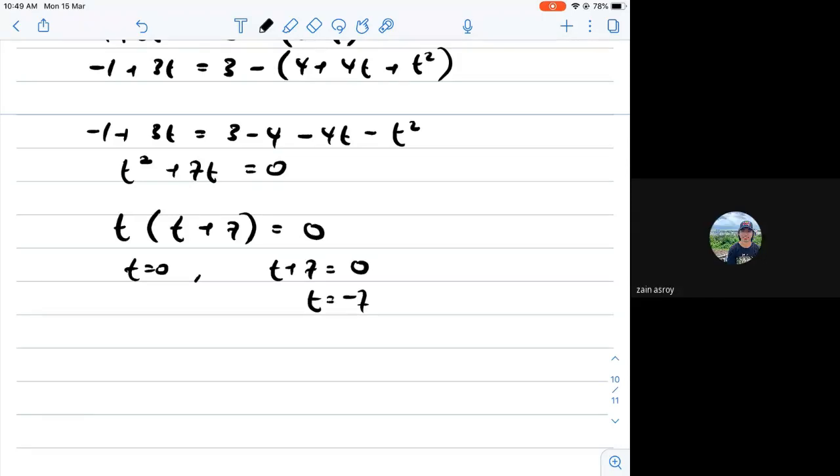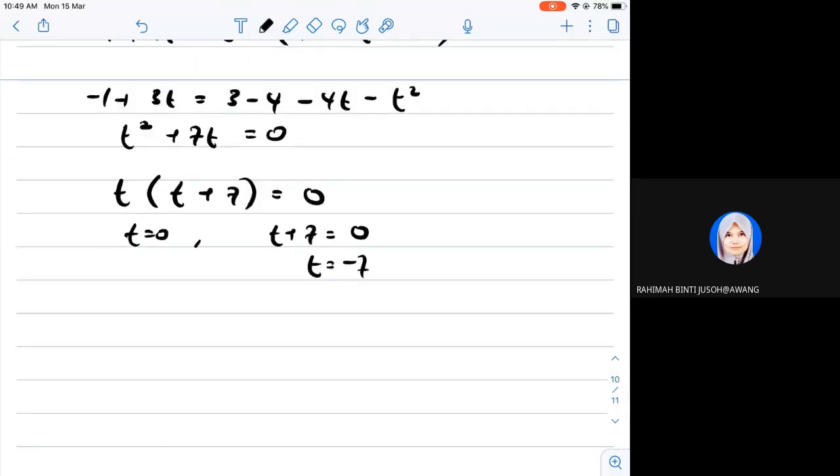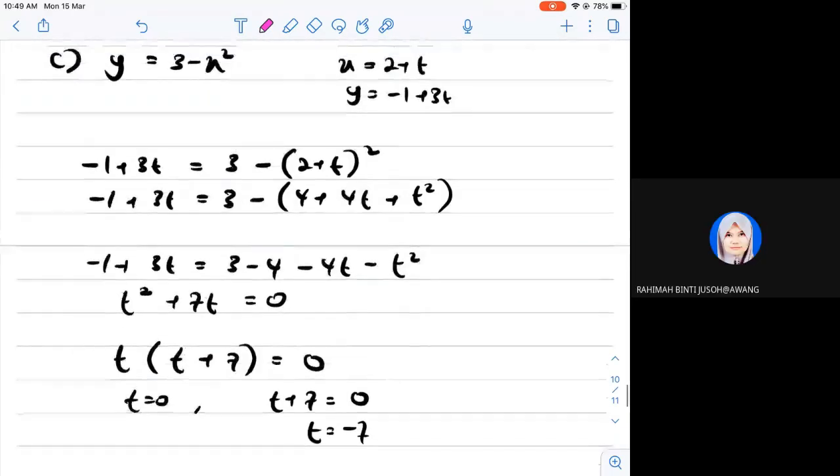So we will have two points that intersect this parabola. Okay, let's say we substitute t equals 0. With t equals 0, what will we have? Where do we substitute? Into x and y, yes, very good.